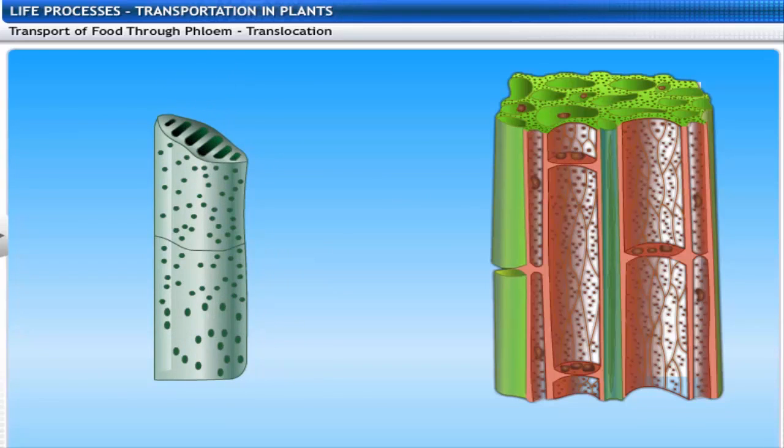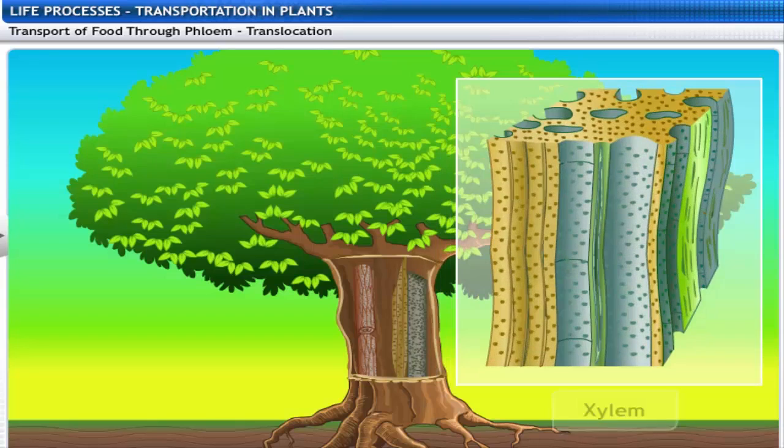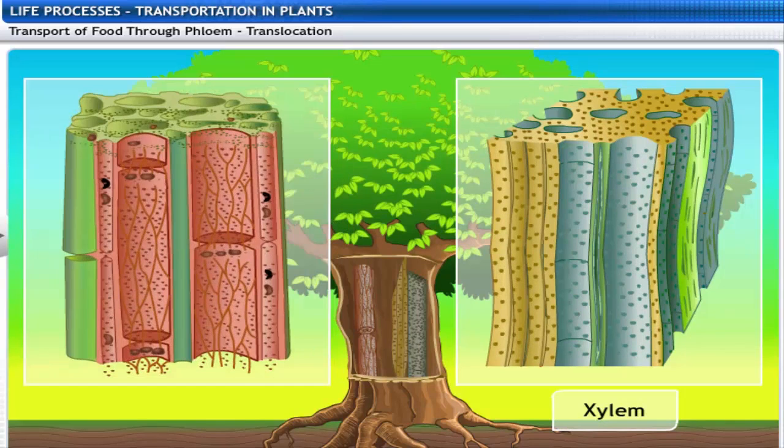Translocation takes place in the sieve tubes with the help of adjacent companion cells. Simple physical forces bring about transportation in xylem, while translocation in phloem happens by using energy in the form of adenosine triphosphate, ATP.